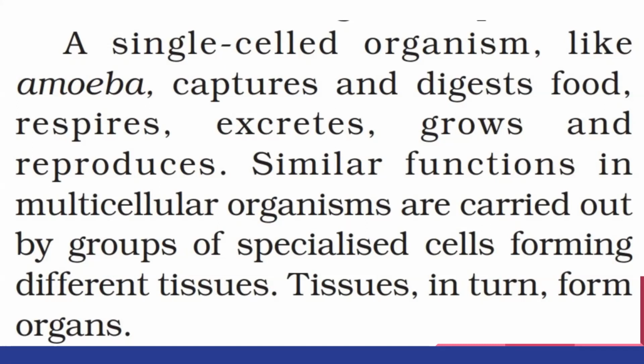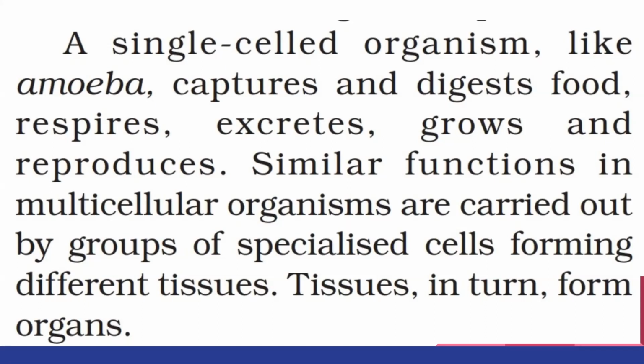Yesterday also I explained the body of multicellular organisms is very complex. For doing different functions, there are different tissues formed by groups of specialized cells. So a group of cells which perform a definite function is called a tissue. Like that, many tissues together form organs, and many organs together form the body of the organism.